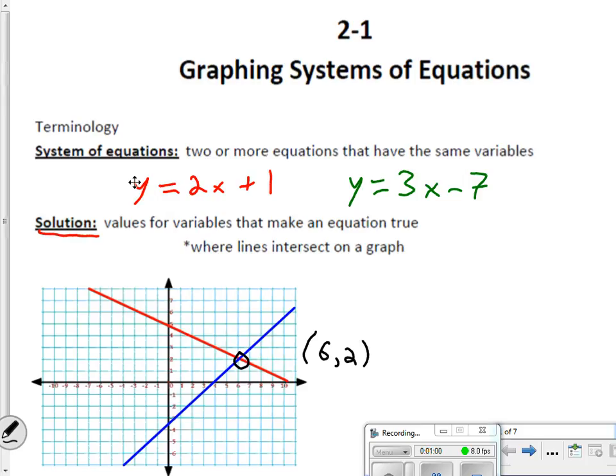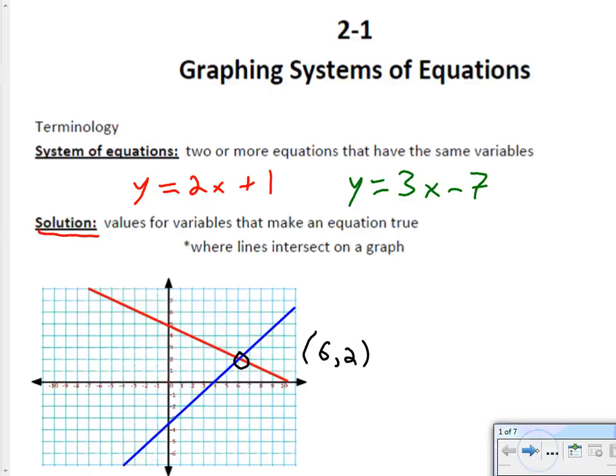Looking at our graph, even though we don't necessarily know what those equations are, the solution for those two would be 6, 2. Or if we plug x is 6 and y is 2 into both of those equations, it would work in both cases.